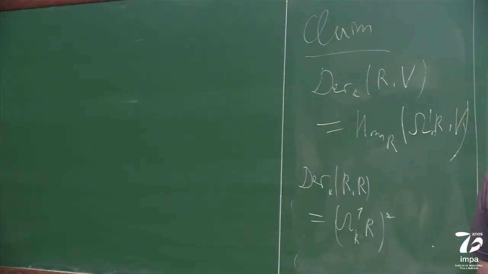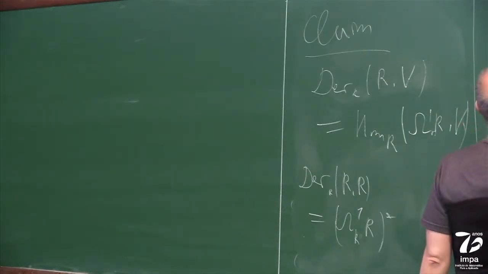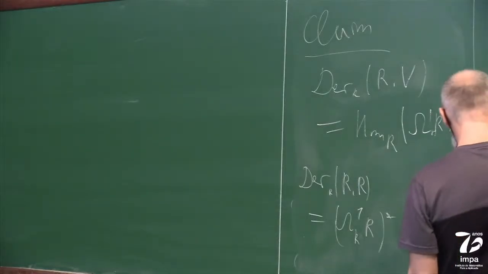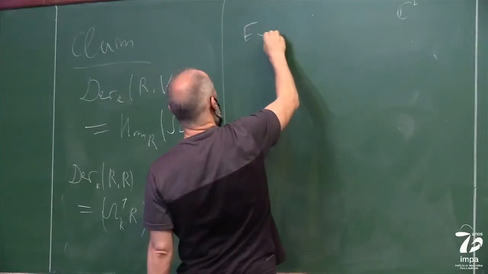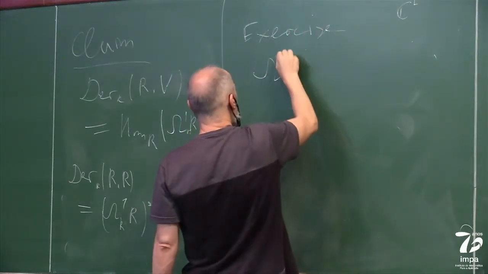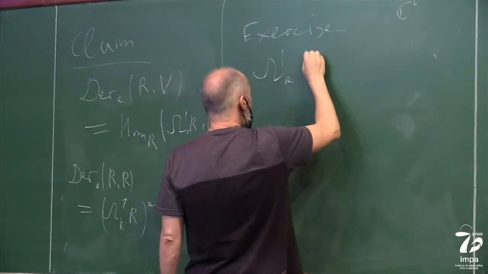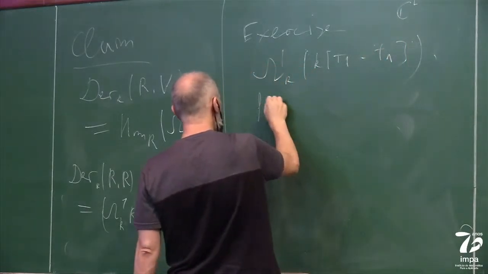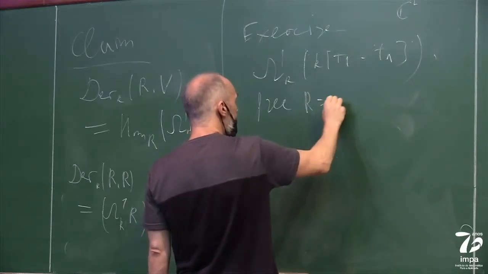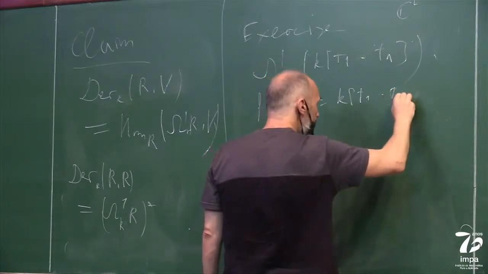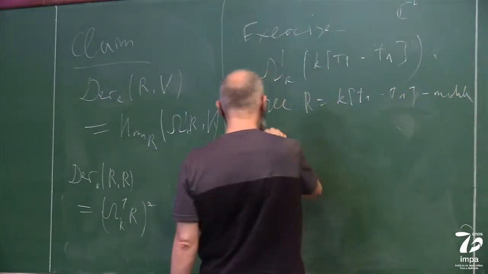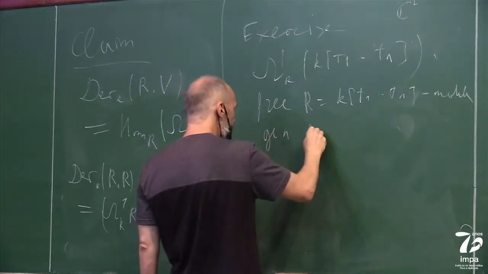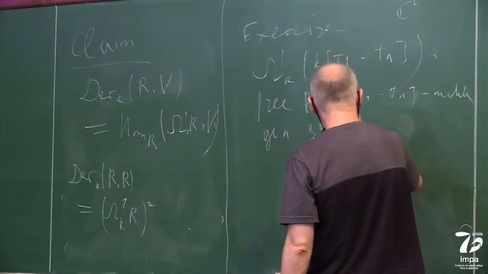So now we have to compute something. So, exercise: omega 1 over k of R, where R is the polynomial ring k[t1, ..., tn], is a free module generated by dt1, ..., dtn.